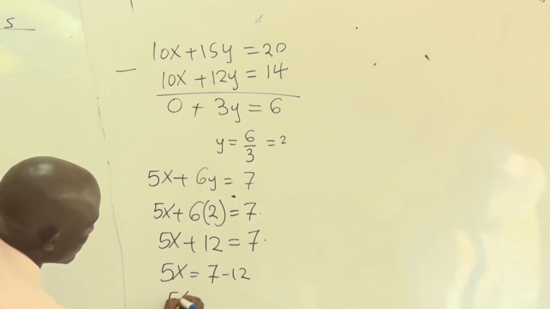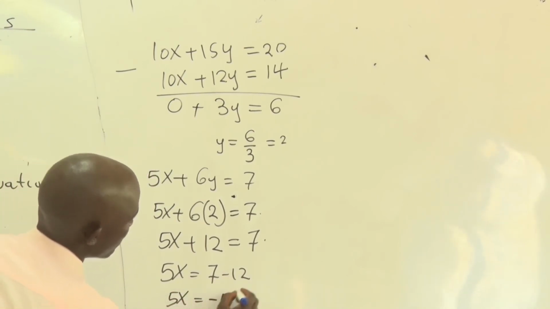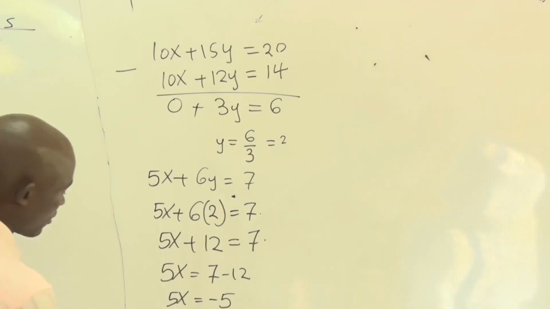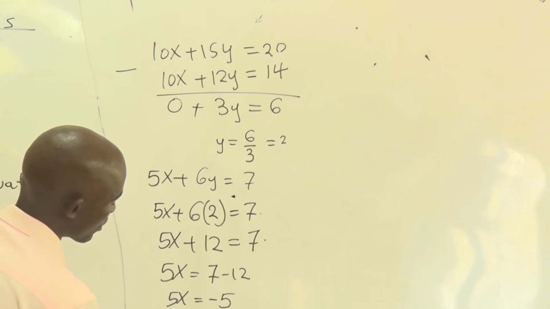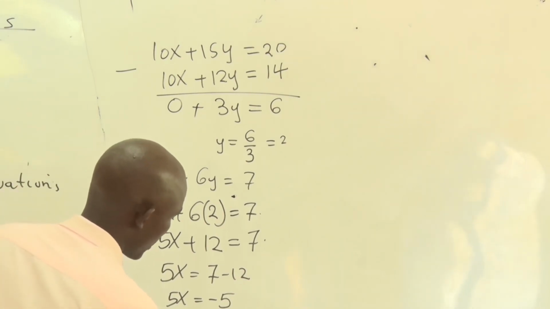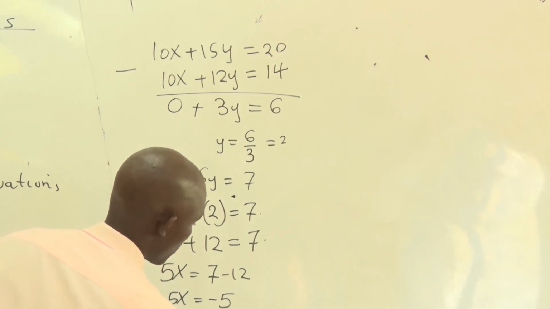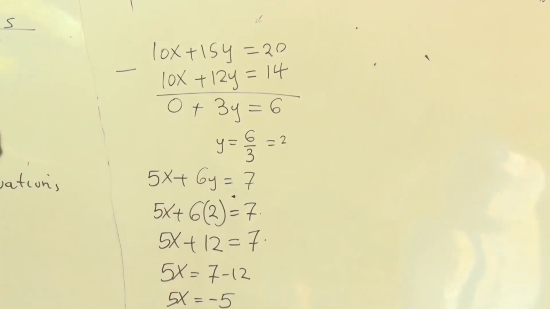So 5x will be equal to minus 5. 7 minus 12 is minus 5. Therefore, x will be equal to minus 1. Remember, it's the same as minus 5 divided by 5, which is the same as minus 1.